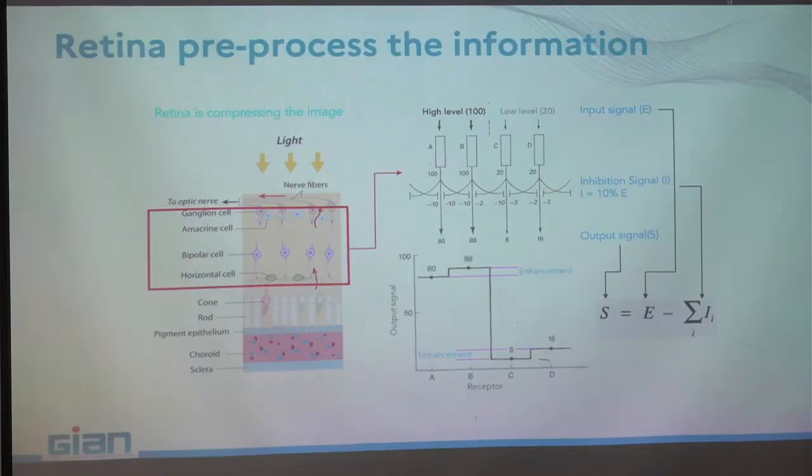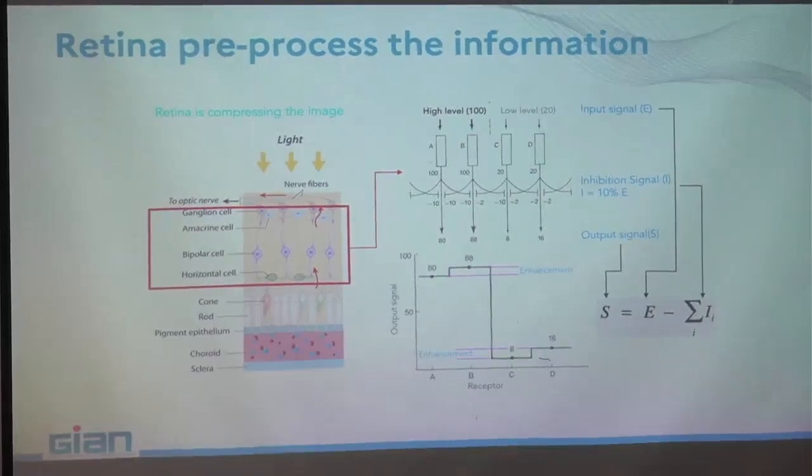Well, what will happen? Our retina will compress the image. Our retina is doing a natural JPEG of the image. And how does that work? If you have cones that are one near to the other, each cone has 3 terminations. One termination is going to the central processing unit, and the 2 other terminations communicate with the nearby cones. And what happens?